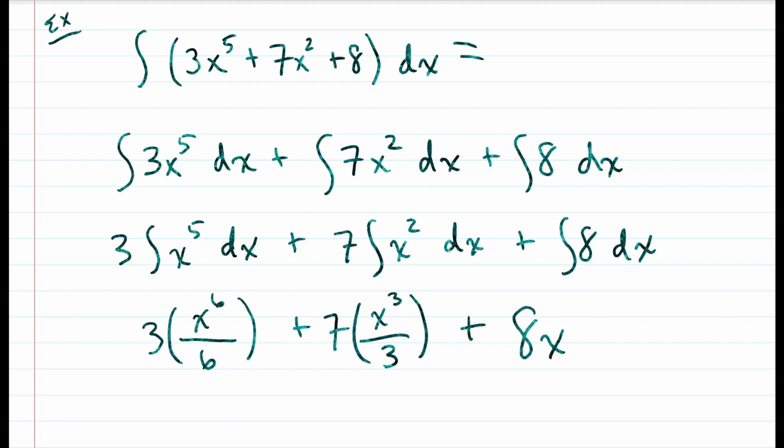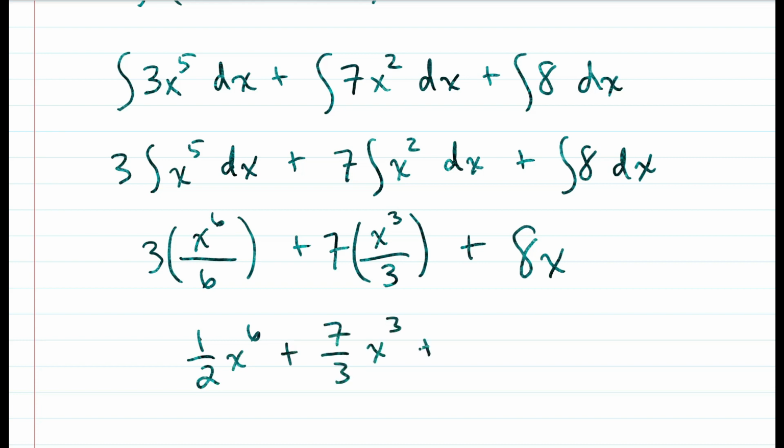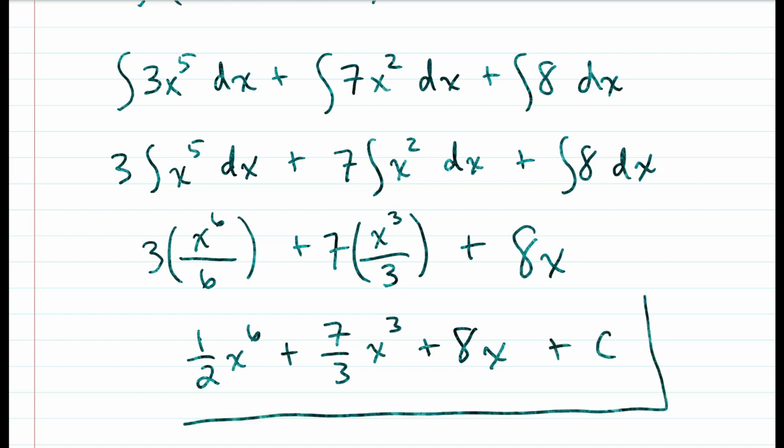So that's the antiderivative of 8x. Okay, and now just a little bit of arithmetic to perform. 3 times x to the 6 over 6, 3 over 6. It gives us 1/2 x to the 6th plus 7/3 x to the 3rd plus 8x. And then do not forget your constant of integration.